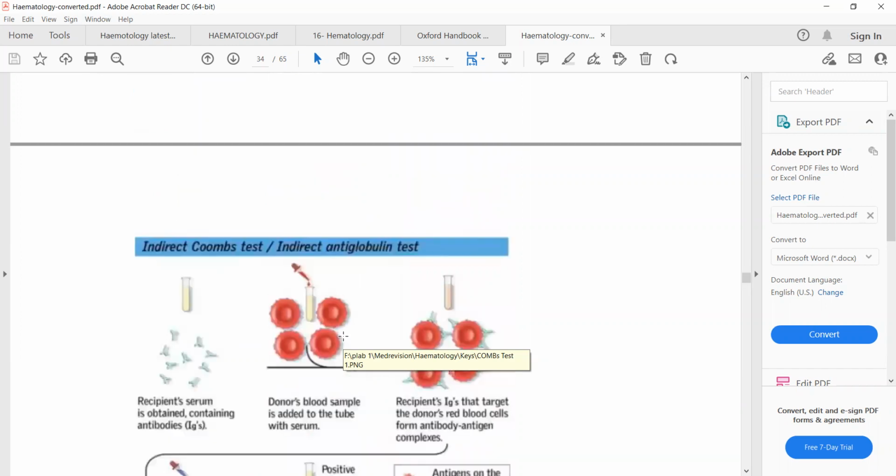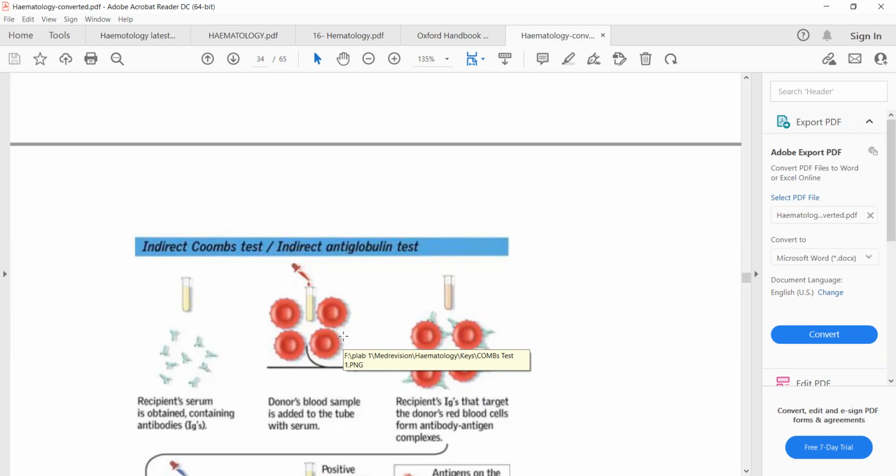And the second circumstance in which we do the indirect Coombs test is when we want to detect antibodies. If you can remember from the gynae chapter, a female with a negative blood group, we need to check her anti-D antibody level.